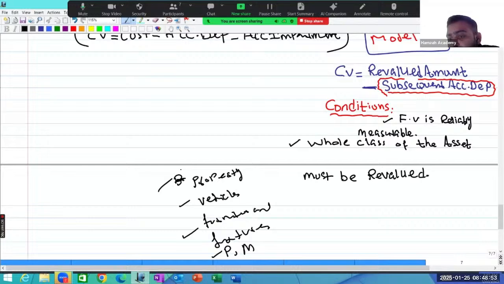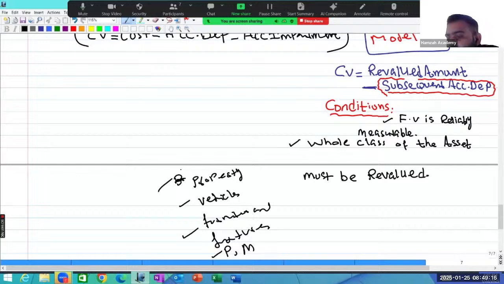Now, if we want to revalue one of our properties and we have 10 properties, then all the properties must be revalued. You can't revalue one property and keep the other 9 properties under the cost model. If you want to use the revaluation model for one property, you have to use it for all property.